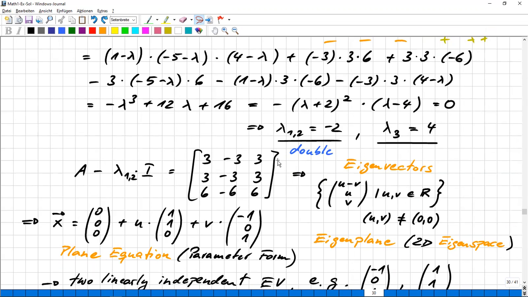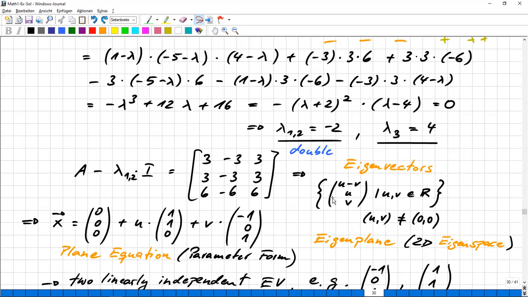So if I read this out, I would get 3 times x1 minus 3u plus 3v equals 0. And then I put these 2 terms to the other side, and then I divide everything by 3, and suddenly I get that x1 equals u minus v. That's all. So this is the general solution to this homogeneous SLE.